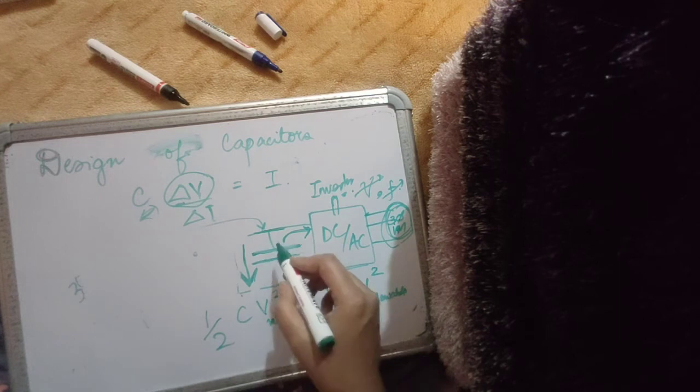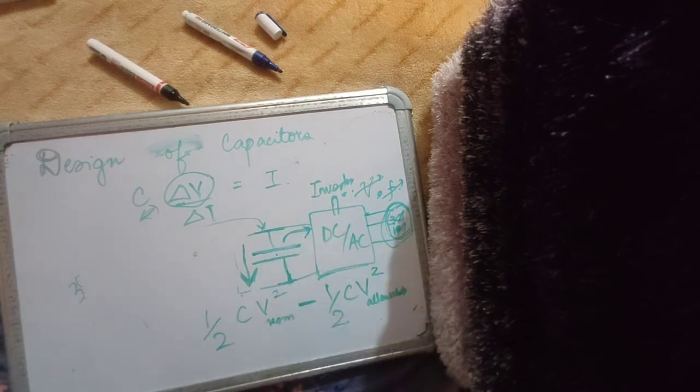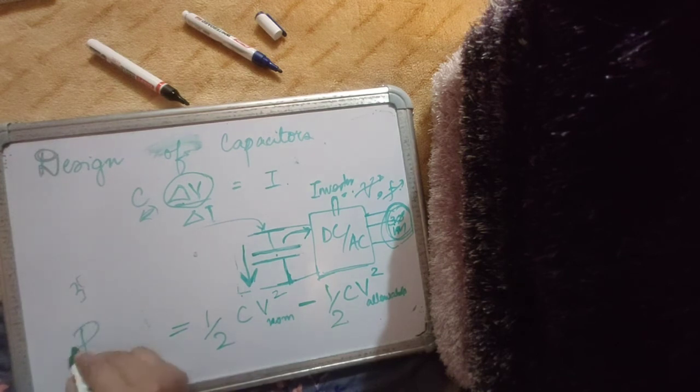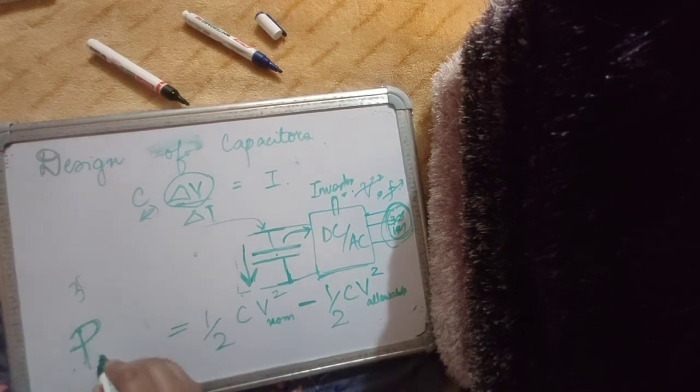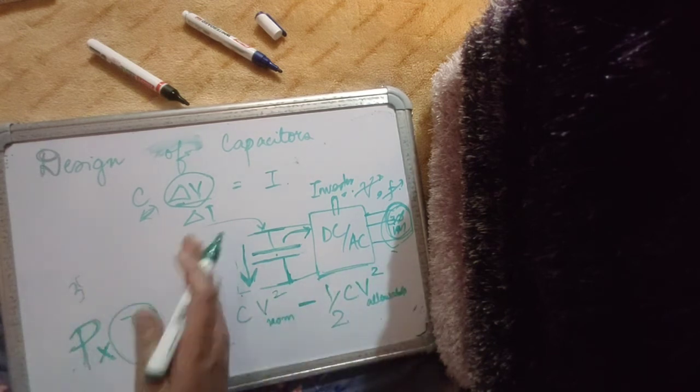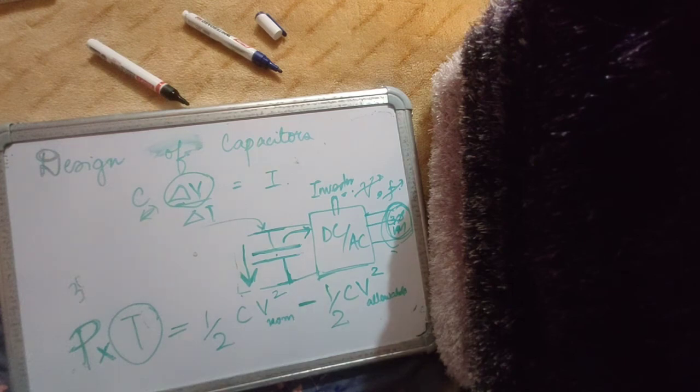This is the energy that it has lost and supplied to the induction machine. So depending upon the power rating of the induction machine, and the time interval for which I wanted to sustain the load even when there is an outage of the supply, that's how I choose the value of my capacitors.